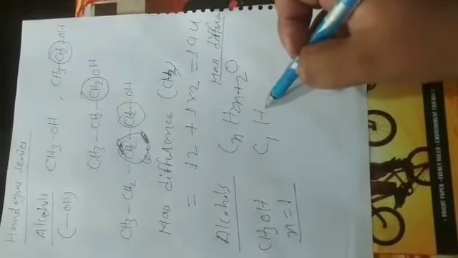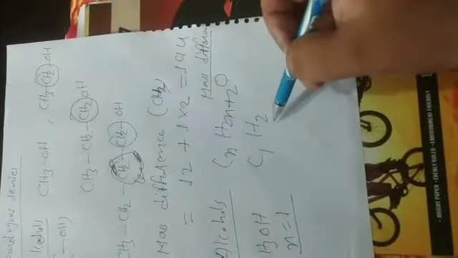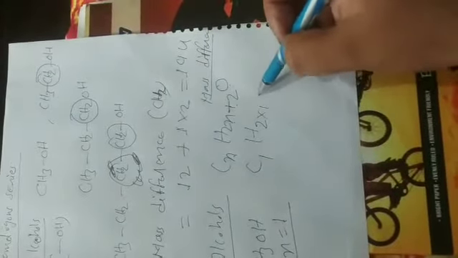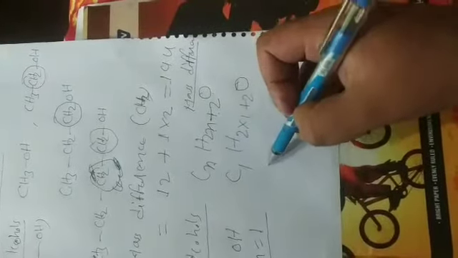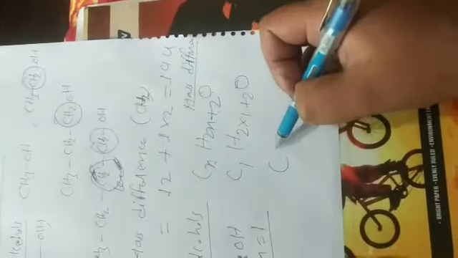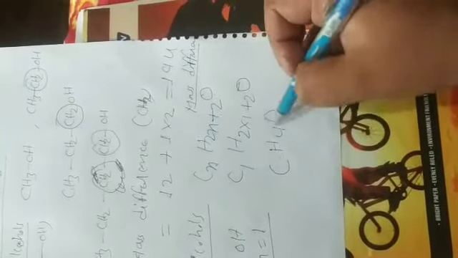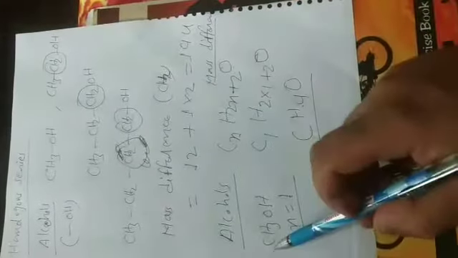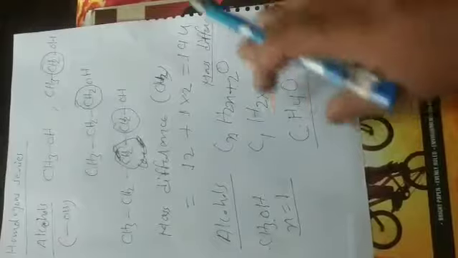Putting into CnH2n+2O gives CH4O: C1, H3 plus 1 is H4, and O. So this formula is right.